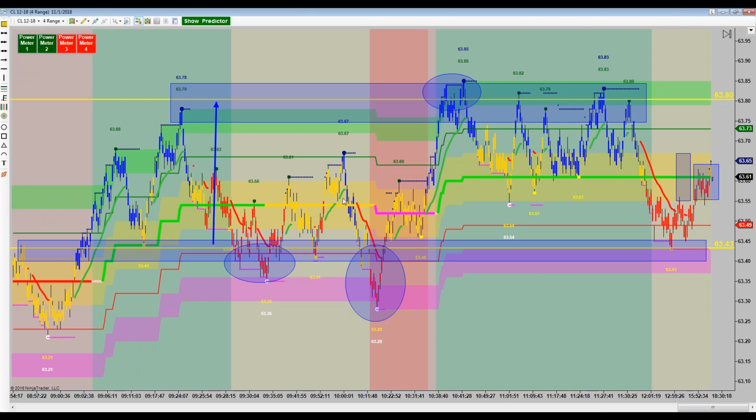Now, depending on the size of the range, the prevailing theory when trading ranges is that it depends on whether you're coming off of an uptrend or a downtrend. In this case, there is no trend, so that's not really relevant.